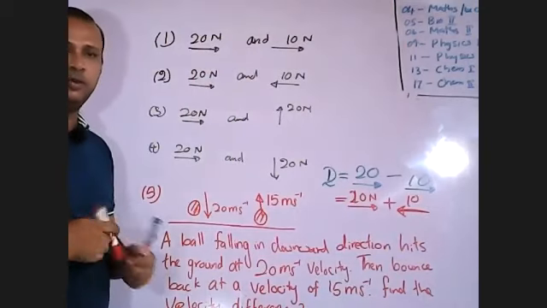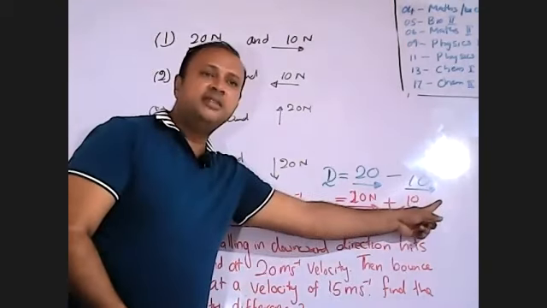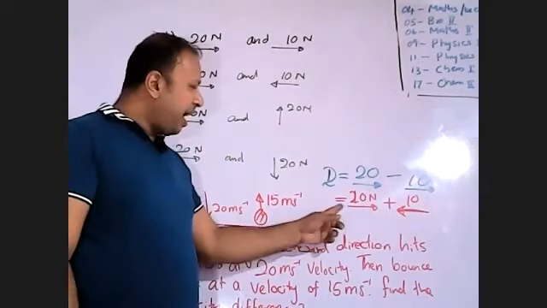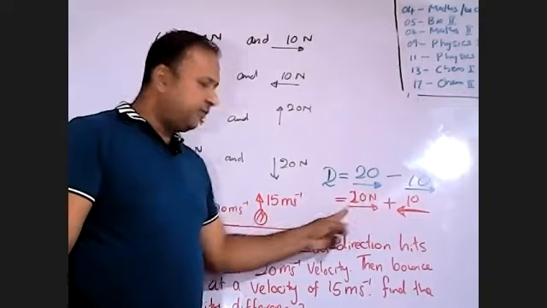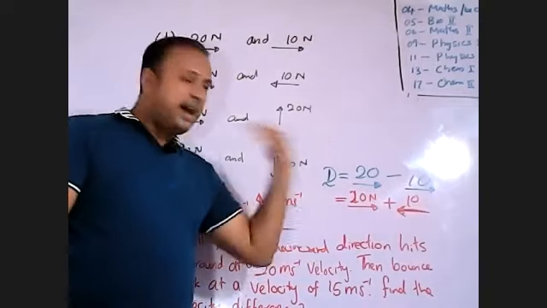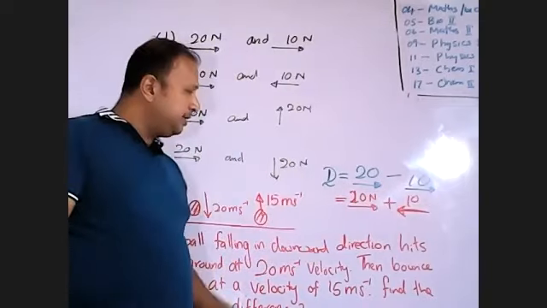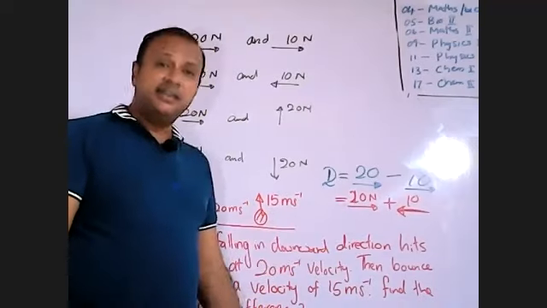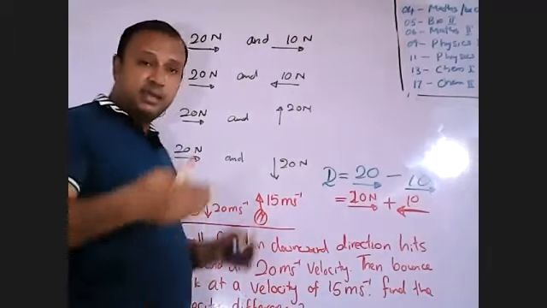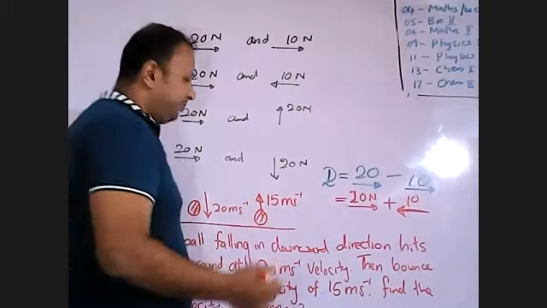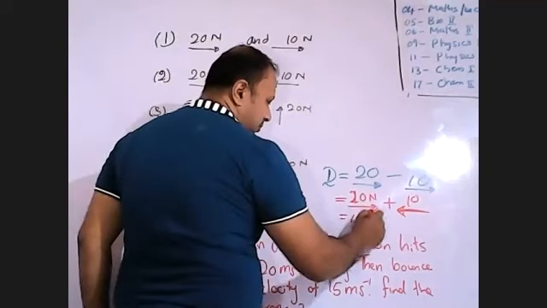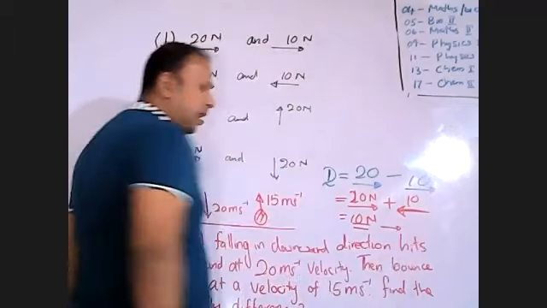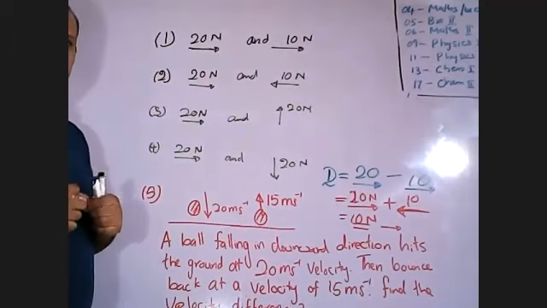That is the only thing you have to do. The first one is in direction 20, the other is the other way, 10, so the addition is 20 minus 10, which is equal to 10 Newton in the 20 Newton direction.